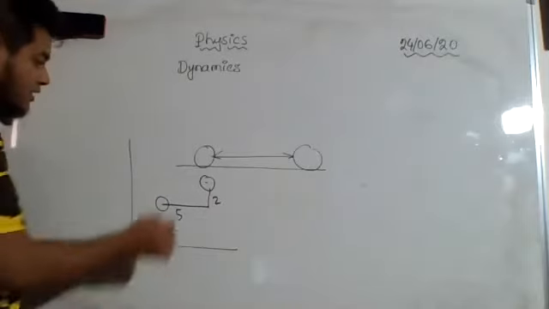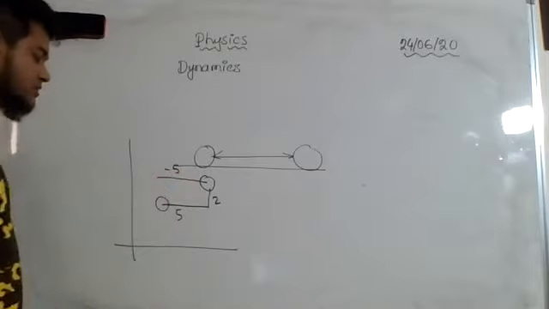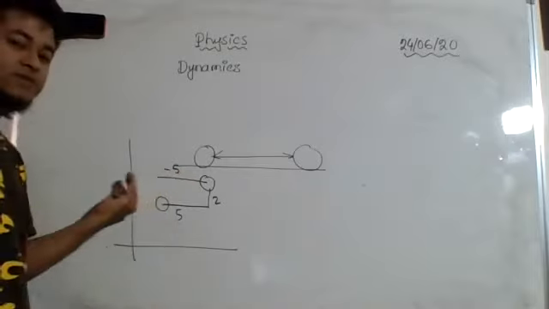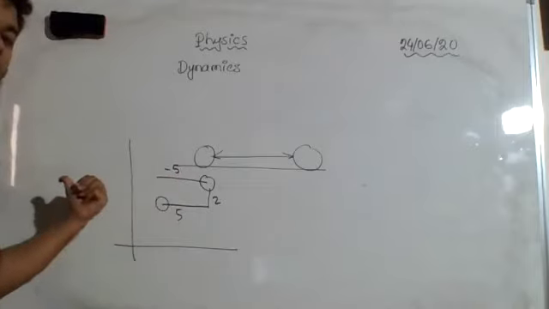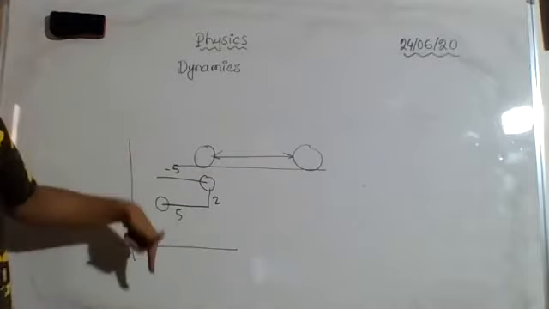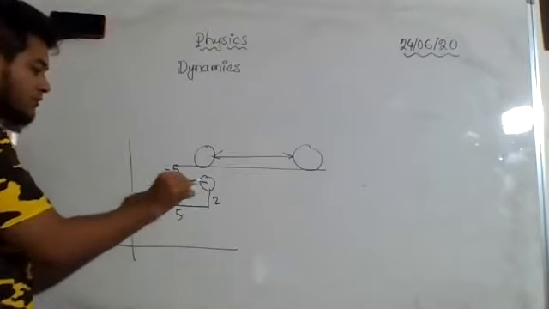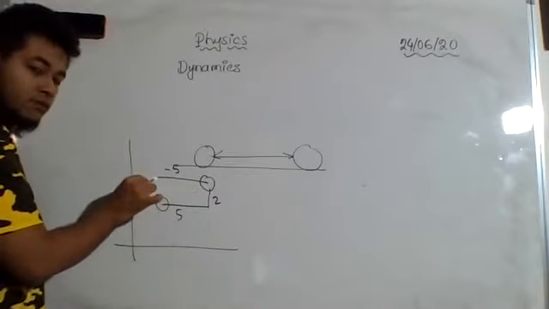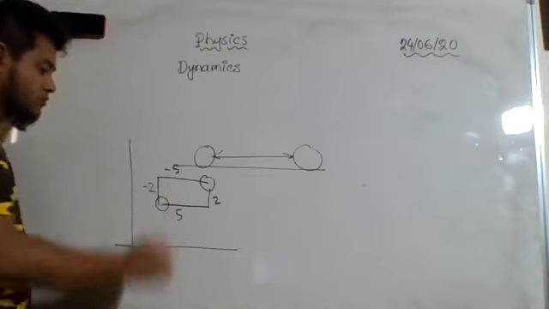Then what will happen? I have to come -5 distance. -5 means negative x direction. You have to move along negative x direction. This is the negative x direction, right? And this is the positive x direction. This is the positive y direction, and this is the negative y direction. So from here, if you want to come here, you have to move -5, okay, and -2, right?